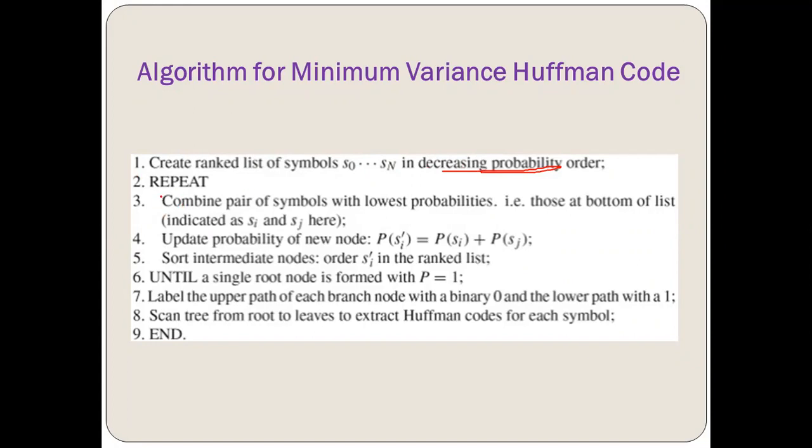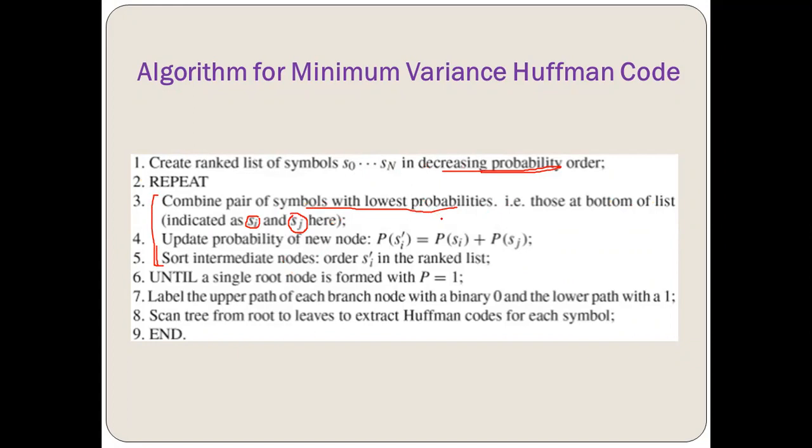Now, we are going to repeat certain steps till a condition arises. What are the steps we are going to repeat? First, we are going to combine the pair of symbols with lowest probabilities, that is, those at the bottom of the list. These are generalized notations, SI and SJ.